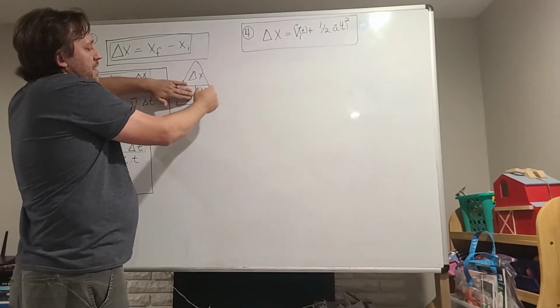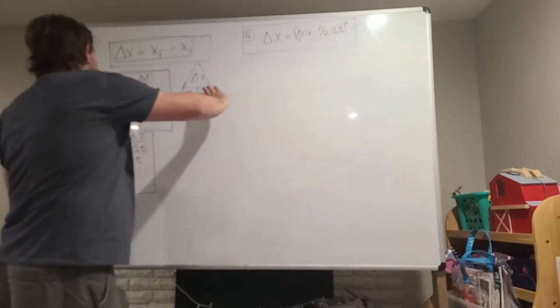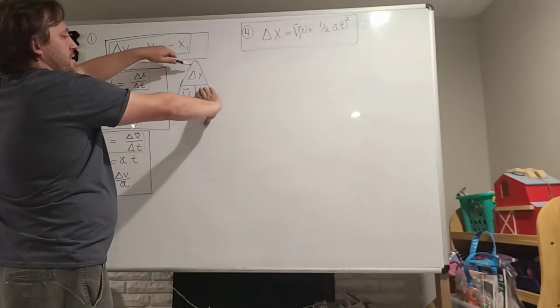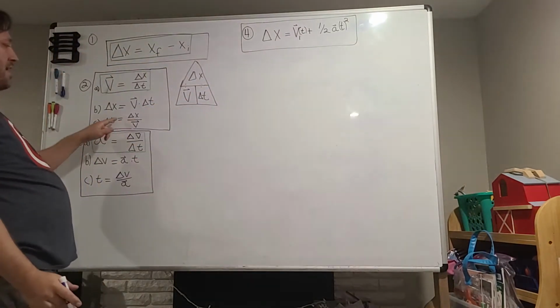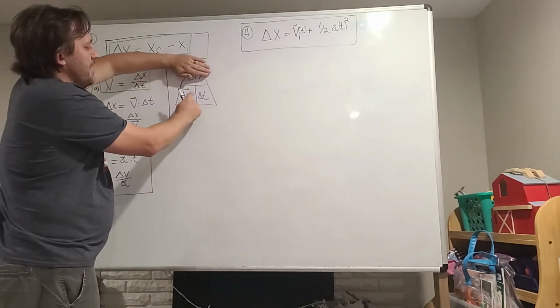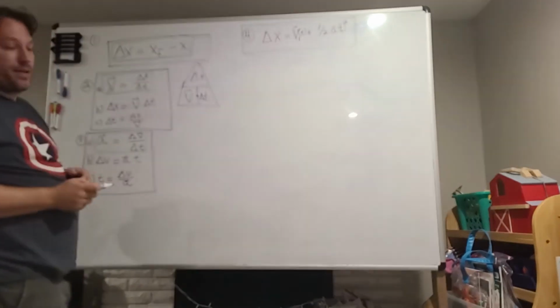Delta x divided by delta t. If I'm looking for time, and that matches here, right? If I'm looking for time, it's delta x divided by velocity. Okay, look at that. And if I'm looking for distance, it is velocity times time. Since they're next to each other, we just assume there's a time symbol there.